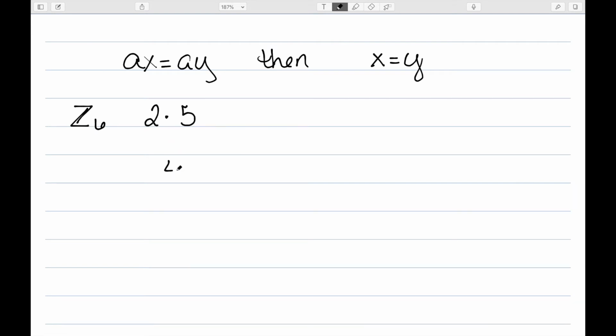Mod 6 would be 4. That's the same thing as 2 times 2, which is also 4. However, this does not imply that 5 is equal to 2. We cannot cancel the 2. We cannot divide by 2. So we don't have this cancellation property in rings.